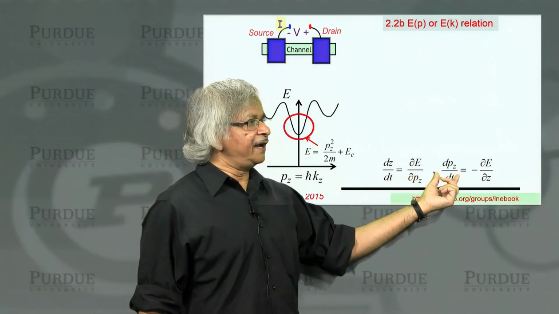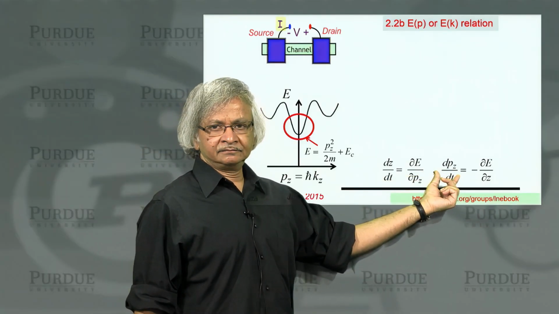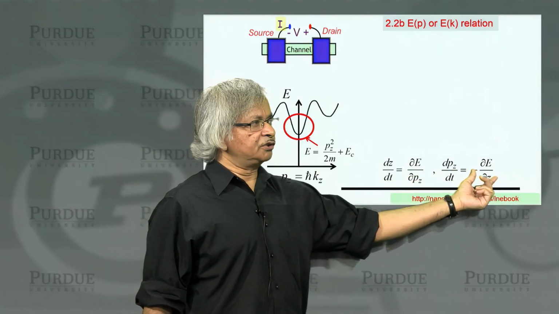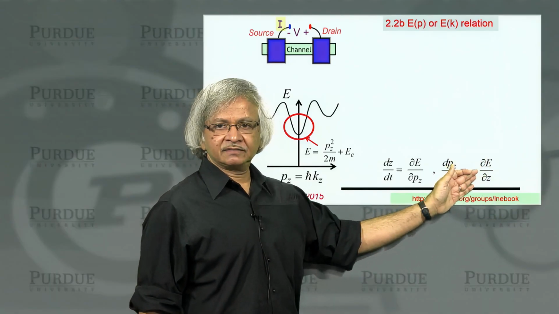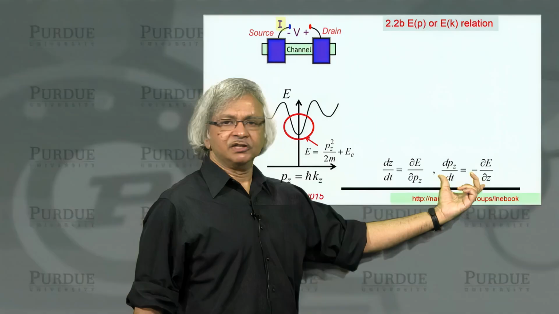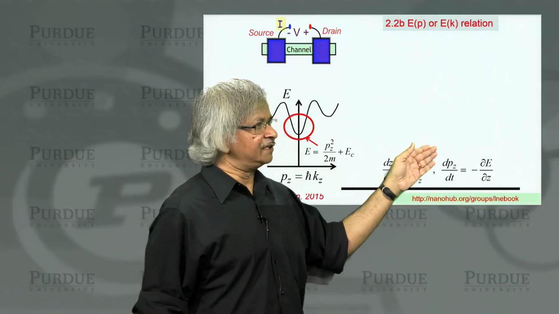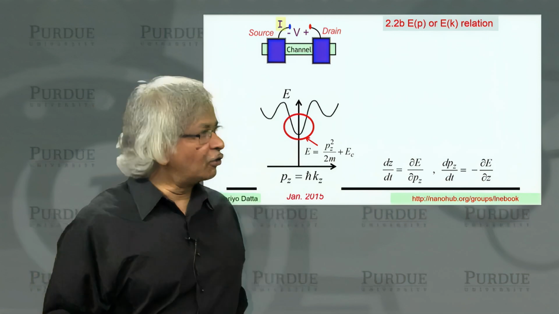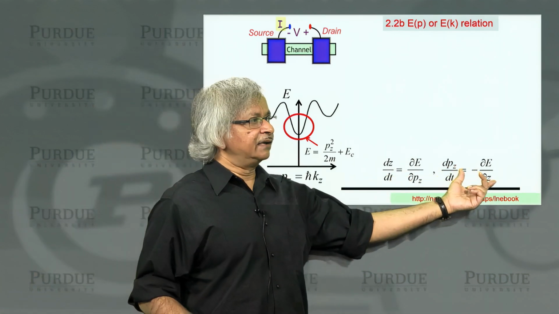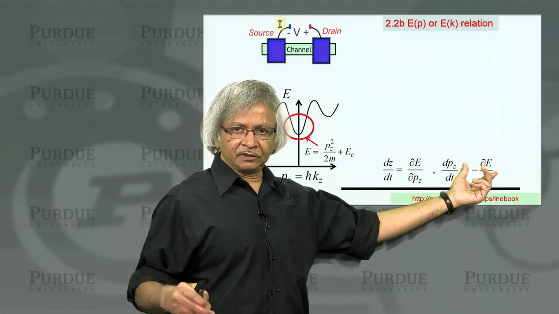That is, the rate of change of momentum is proportional to this derivative of energy with respect to distance. That is just Newton's law. You know, Newton's law says that dp/dt, rate of change of momentum, is the force. And force can be written as the gradient of the potential energy.